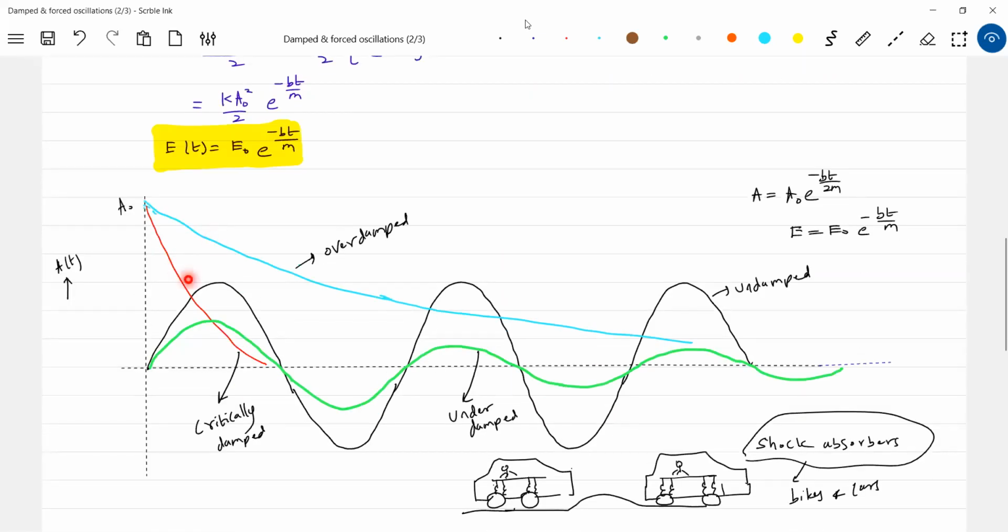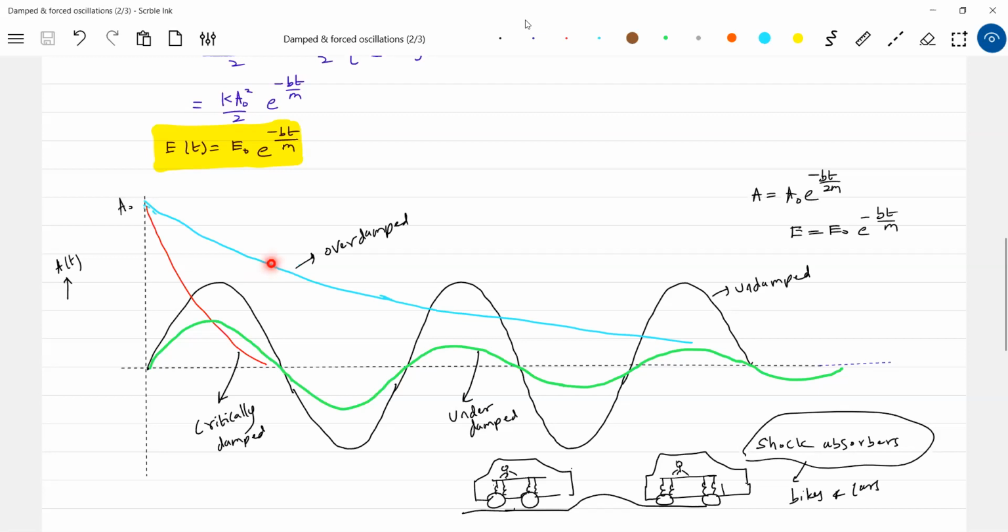Am I right? If b increases, it will take less time for the amplitude to become half of the initial. If b decreases, it will take more time. So the value of b and m, that is, the mass and the damping coefficient, determine the shape of the curves.